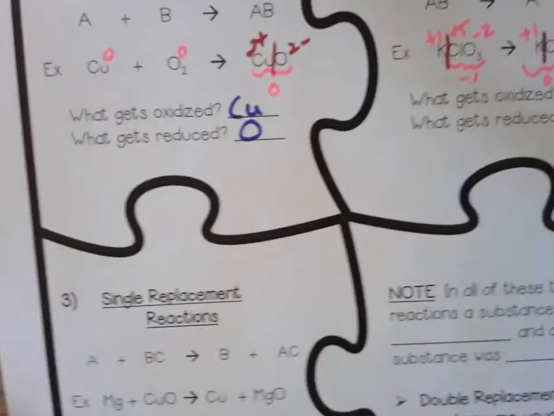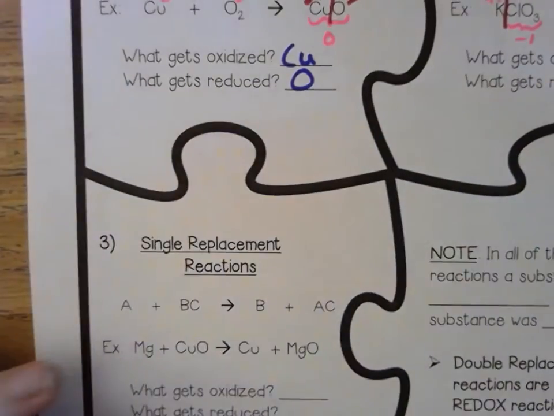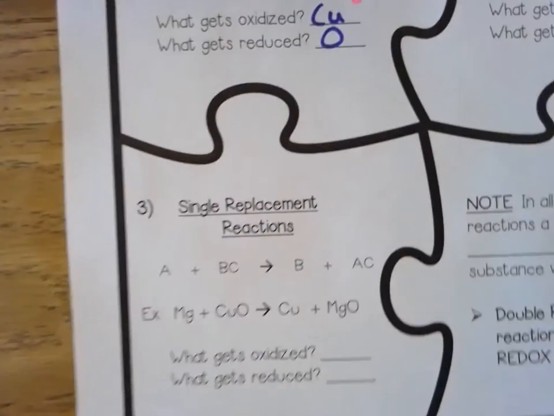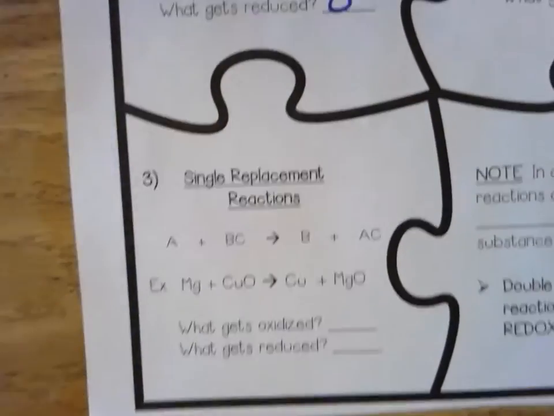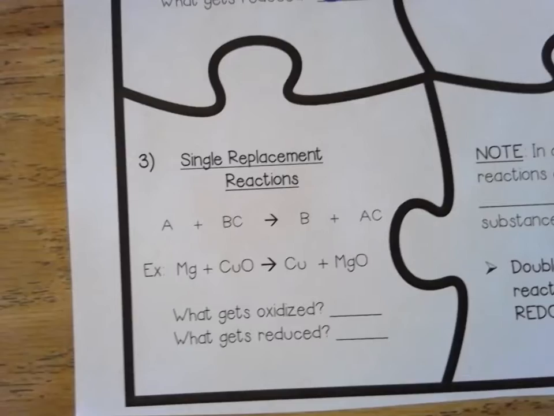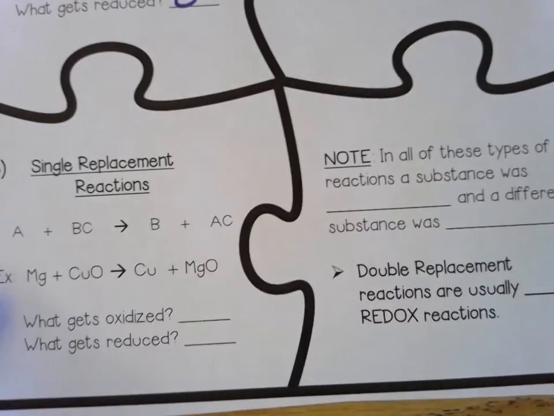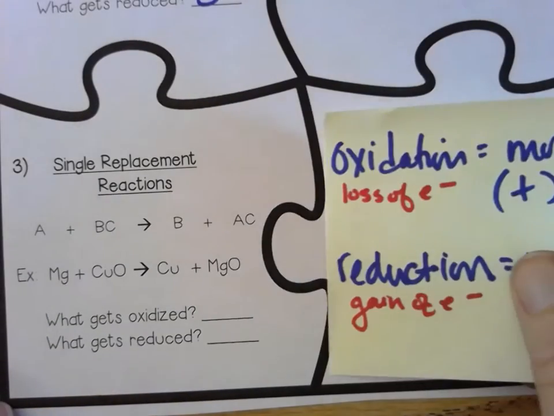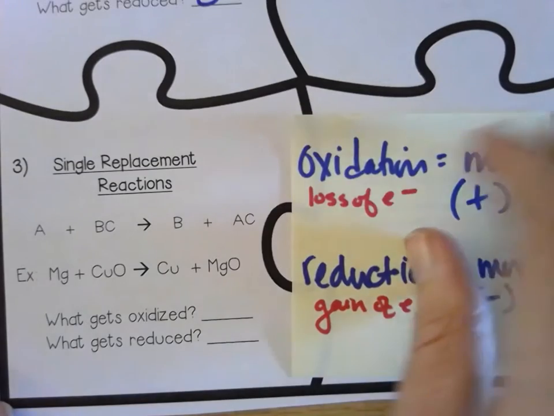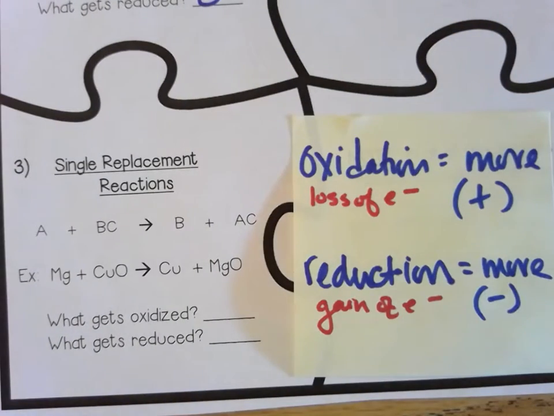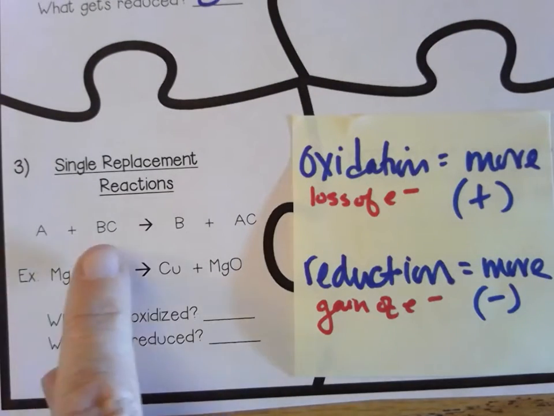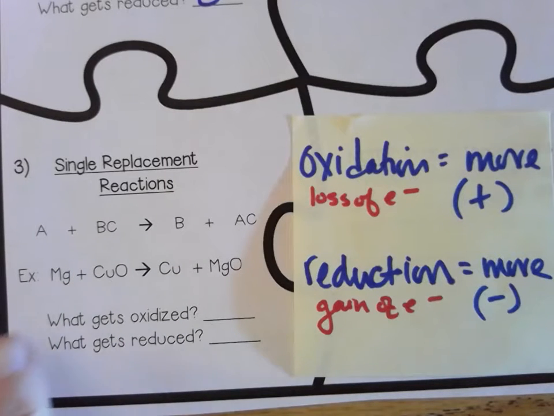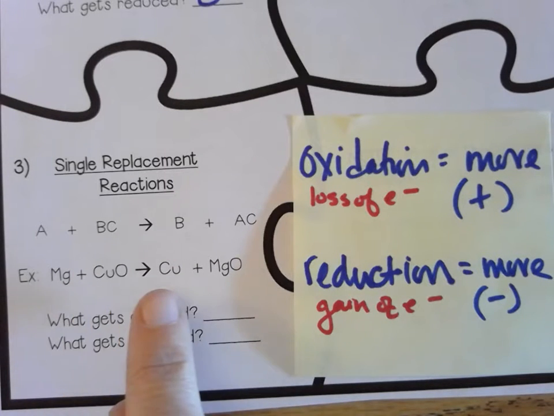The last example that we have is a single replacement reaction. A plus BC yields B plus AC. So I got magnesium plus copper oxide yields copper and magnesium oxide.